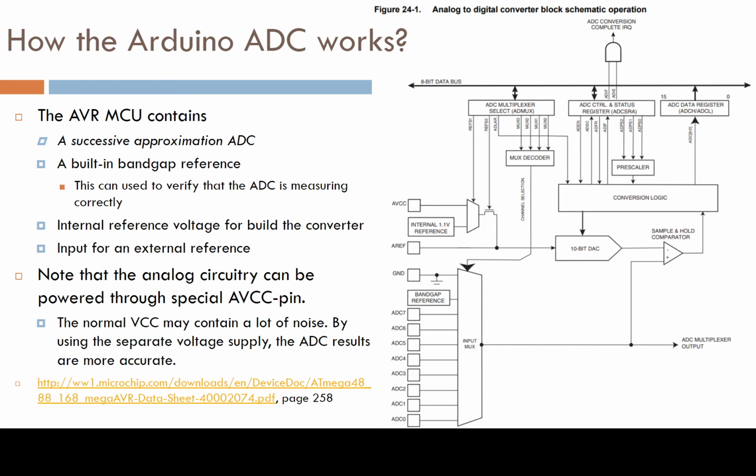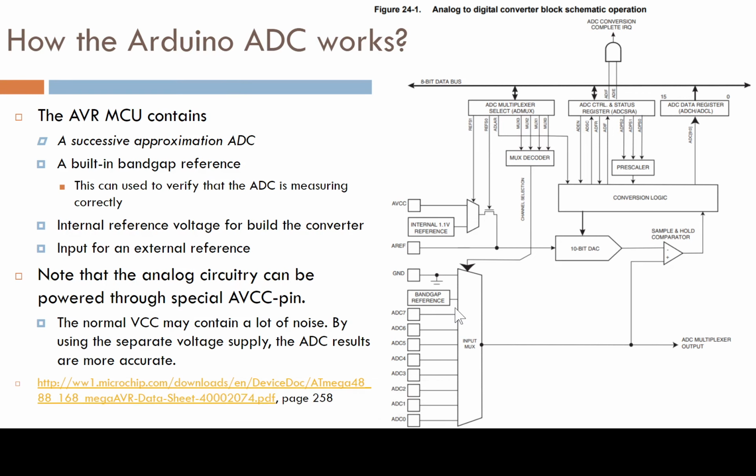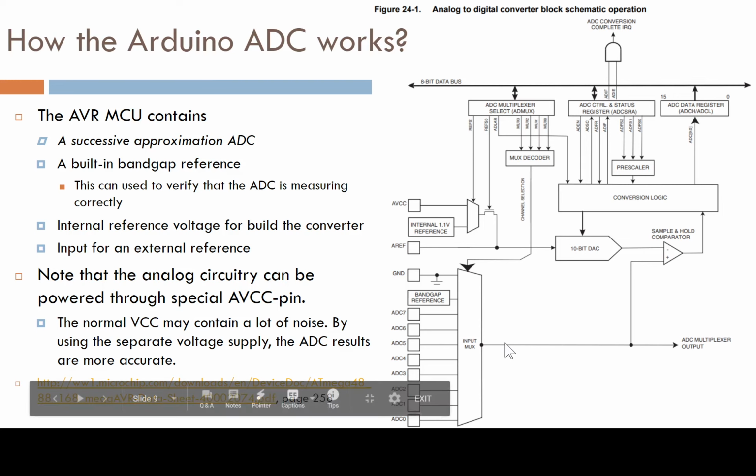The reference is 5 volts. On the input mux, this depends on which kind of processor you have, but there's also a way to calibrate. You can actually turn on the band gap reference, which is very precise, the band gap type of voltage reference that you can measure using that A to D converter.